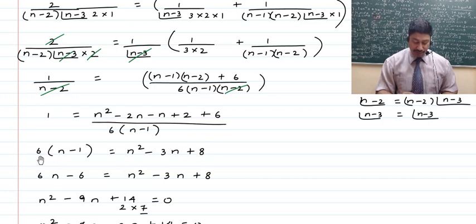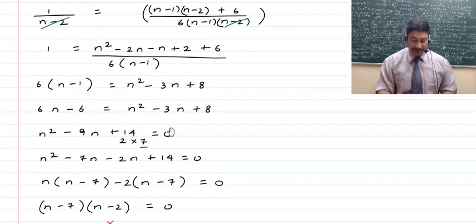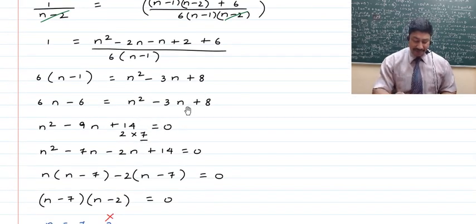Now we will transpose after multiplication of 6 with n minus 1 to the right hand side. So we will get n square minus 3n plus 8 minus 6n and plus 6, right? So further here we have n square minus 9n, right, and plus 14, which becomes equal to 0.